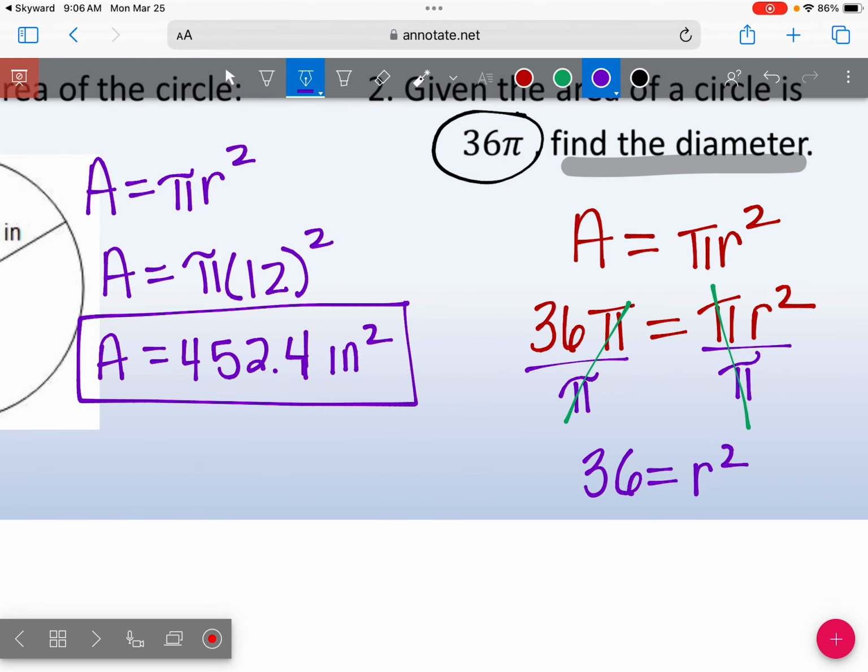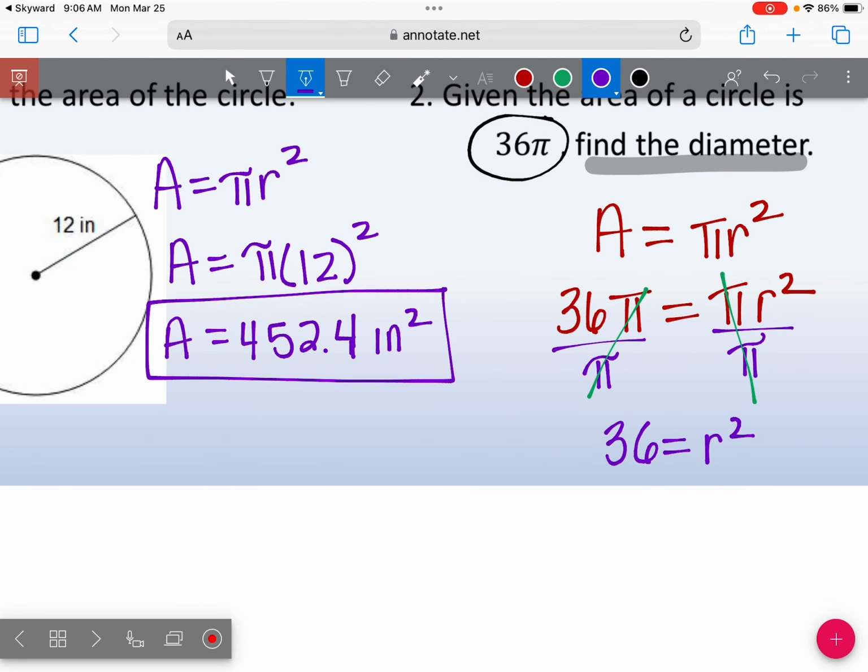All right, how do we get rid of that square? What's the opposite of squaring a number? Take the square root, yep. So in your calculator, go ahead and take the square root of 36.